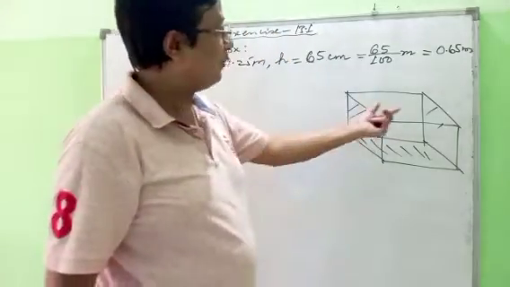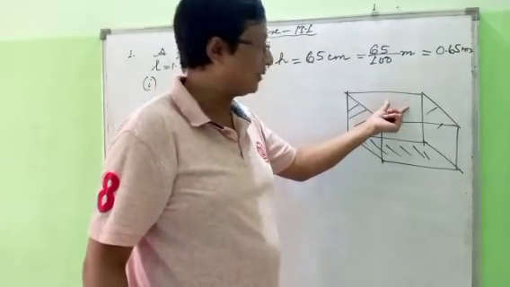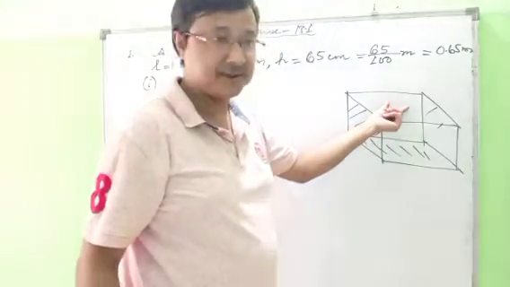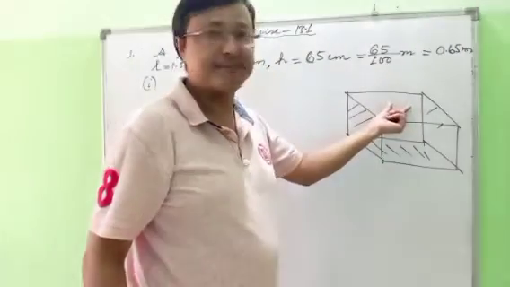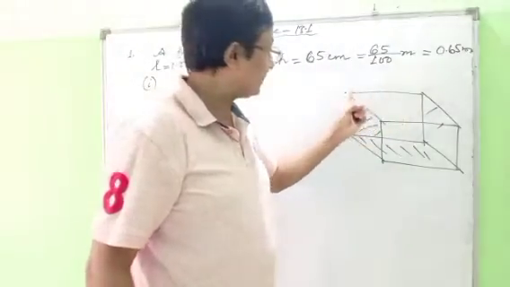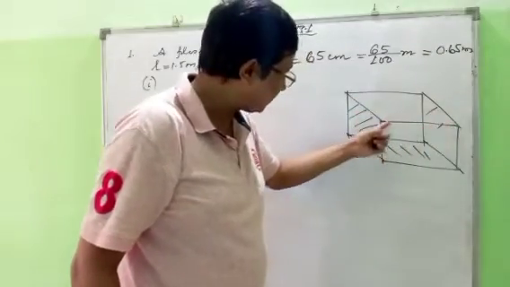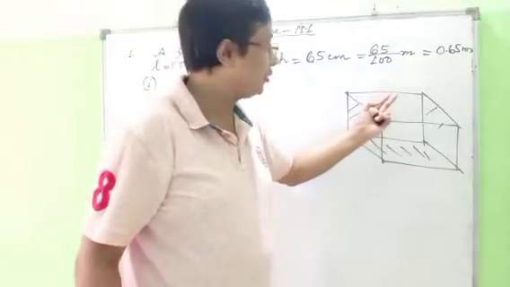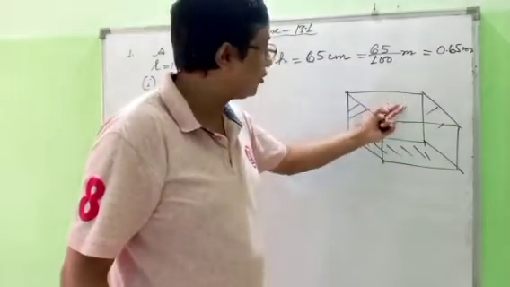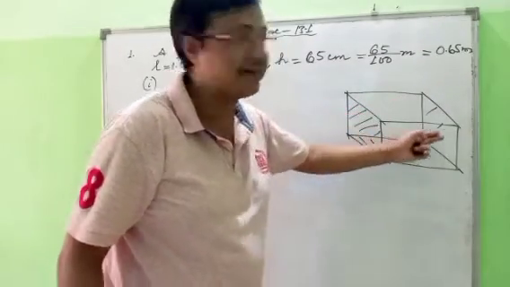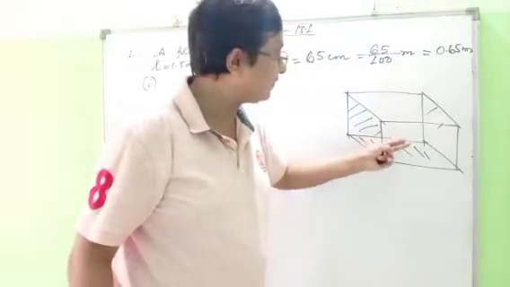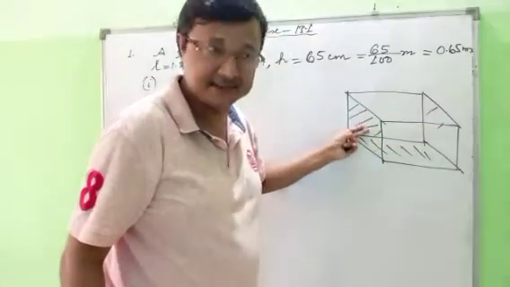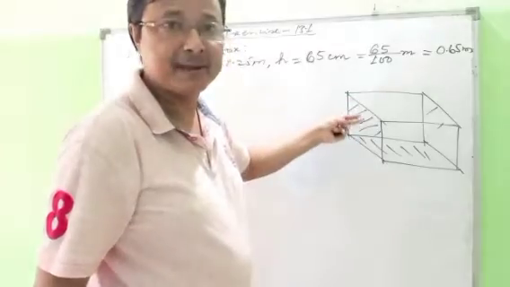So you have to determine the area of sheet required for making this open box. Above this surface there is no sheet because it is open, so you are not going to count this. You are going to count the remaining 5 faces because the box is made with plastic sheet.